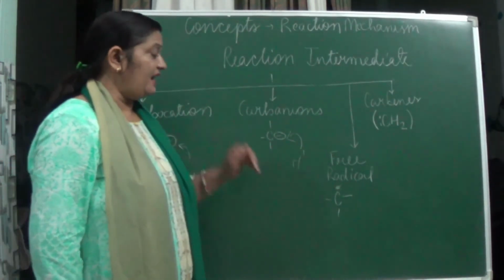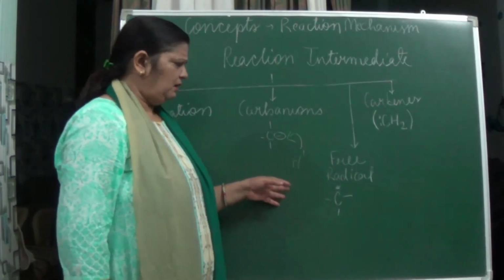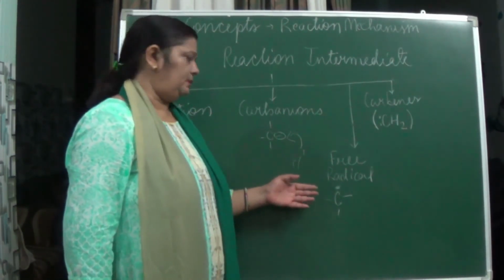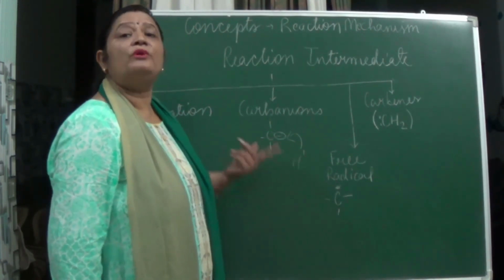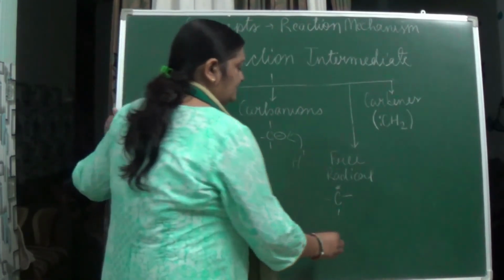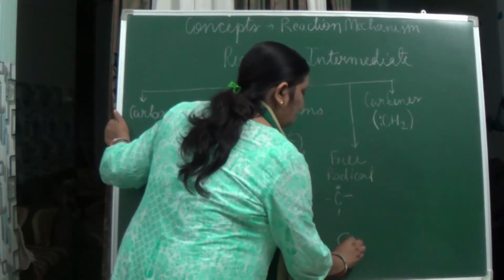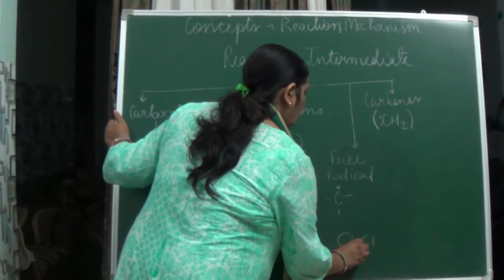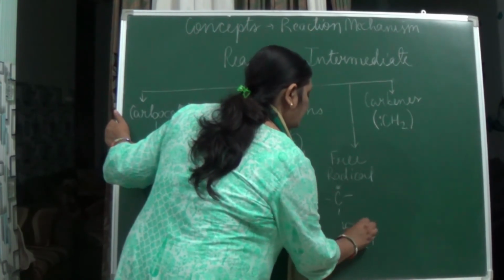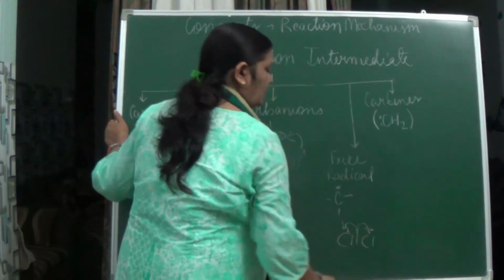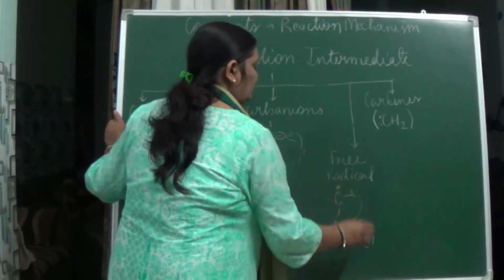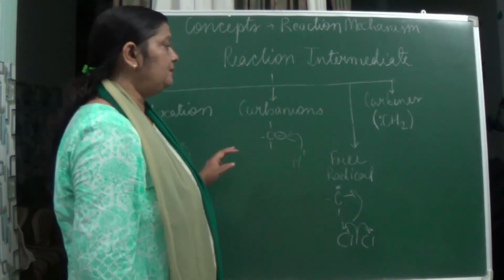Now, free radical. When I am saying free radical, naturally if any cleavage has been done, it is homolytic cleavage only, like Cl2. So Cl and Cl, what happens? In this, homolytic cleavage takes place, and one Cl has one electron, the other has one too, and now naturally they can come and combine and become stable.